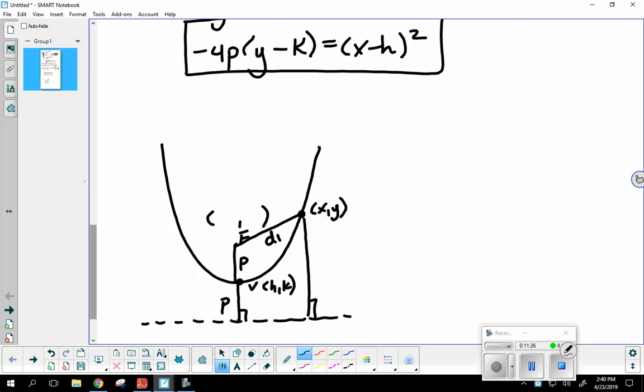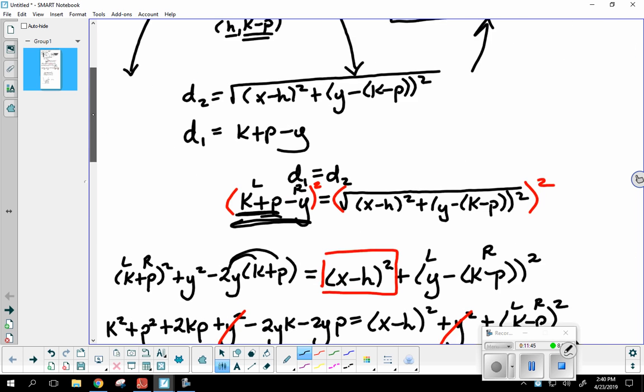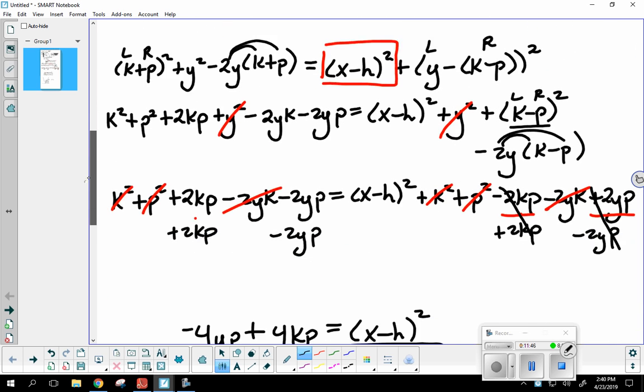Let's say this is distance 1, this is distance 2. You're going to work your proof the exact same way. There will be key differences because this one is opening up while the one I showed you is opening down. So you're going to say distance 1 equals distance 2, and you're going to go very similar to what we did in this process here.